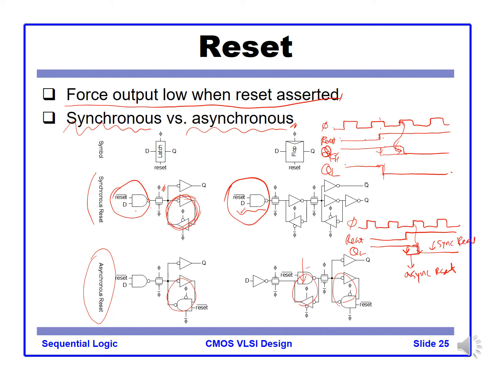So for both synchronous and asynchronous reset, you have to be very careful when designing reset. For asynchronous reset, you must reset the internal core as well, right? This is very important.